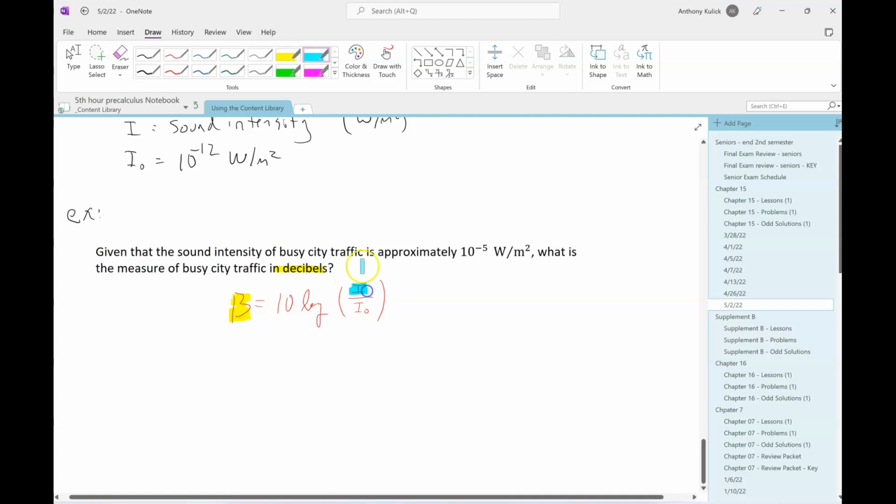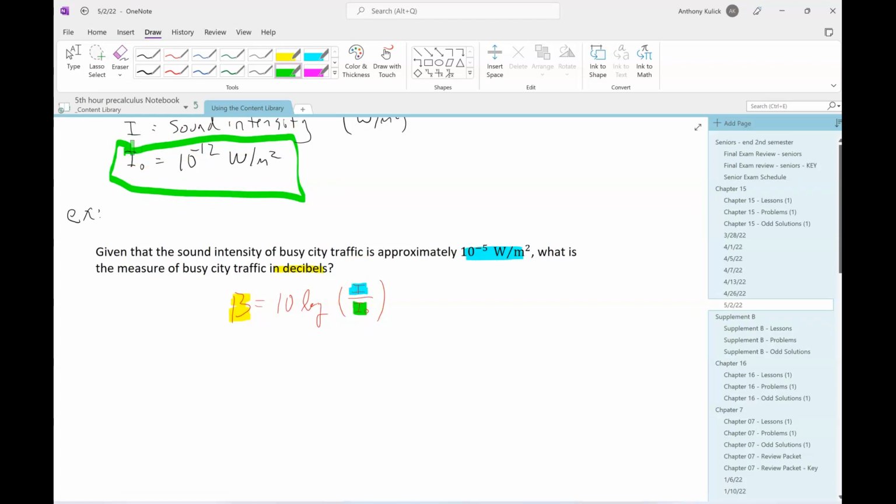We need to fill in I, the sound intensity, which is given to us in the problem, right? What's the I? The 10 to the negative fifth. And the I naught is a constant, so that'll be 10 to the negative 12.